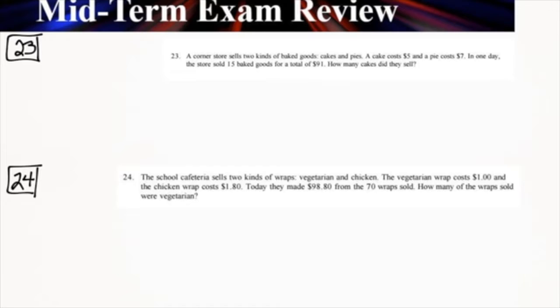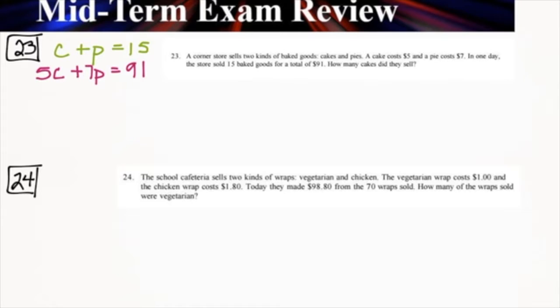Okay, so I'm going to make the cakes into C, pies are going to be P, and they sold 15 of those. Okay, then I'm also going to, this is the one rule that I make for myself, is that if I'm talking about money, then I should have money with the final total, which is money.